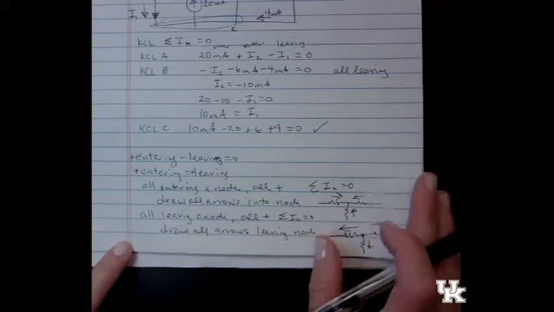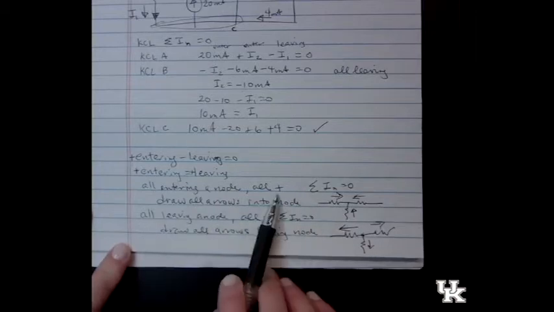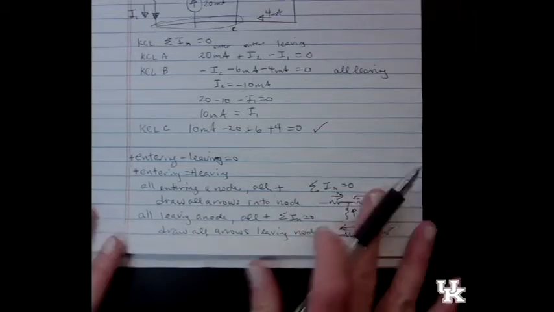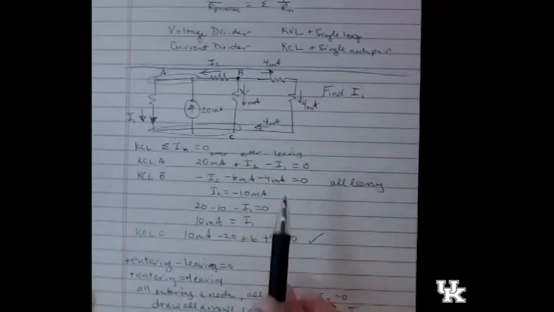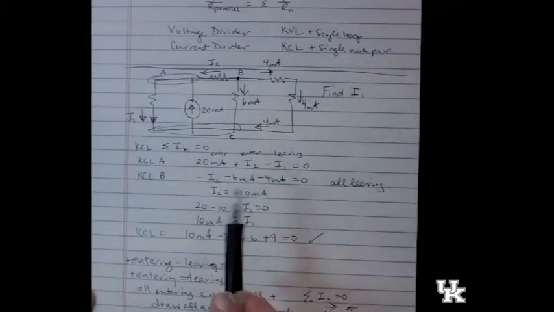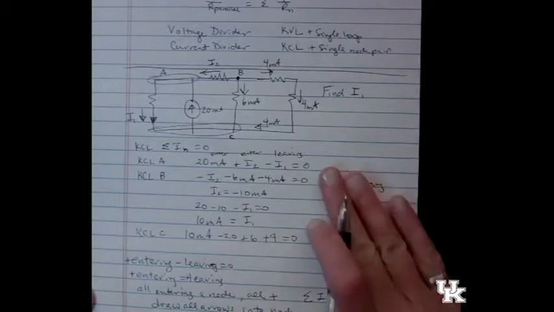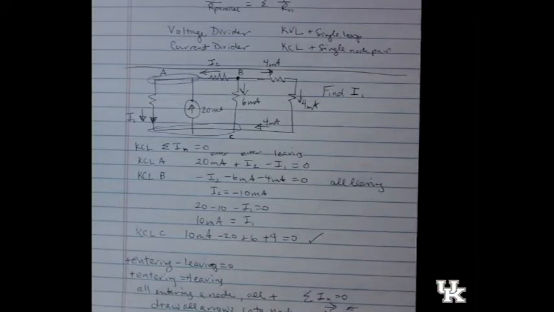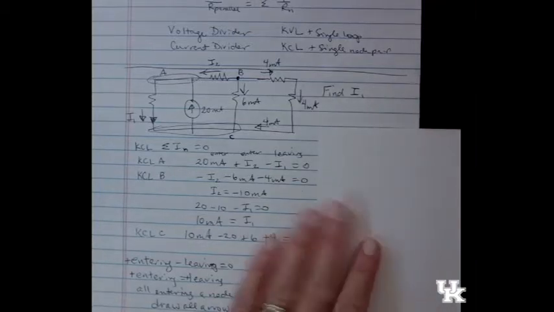I can tell the difference, and what I look for is consistency. If I look at your equation and I look at your picture, let's say we didn't have these words here. Let me cover that up. Let's say I didn't know that you were treating them as leaving the node.